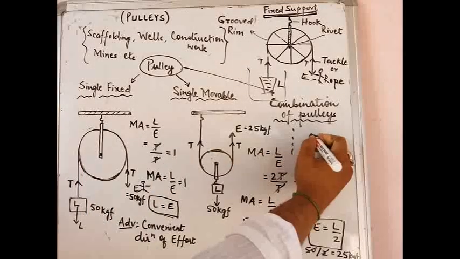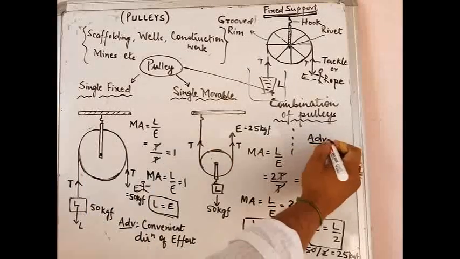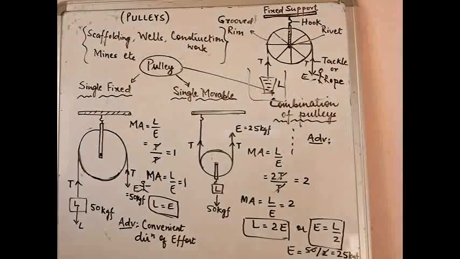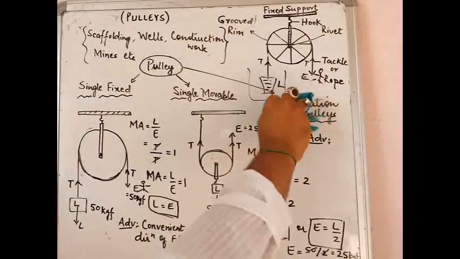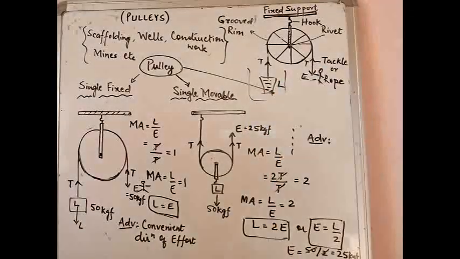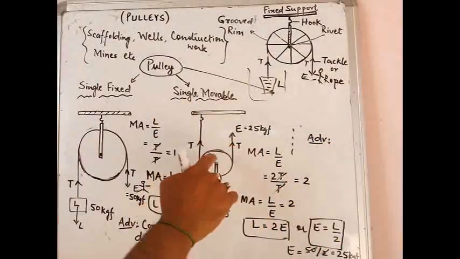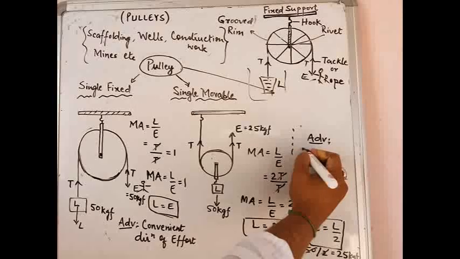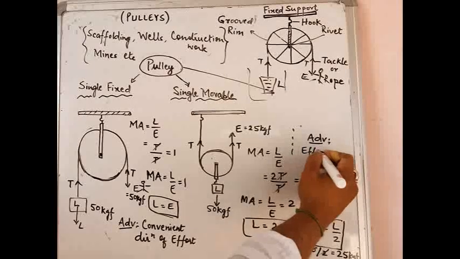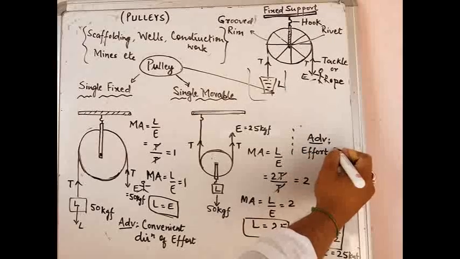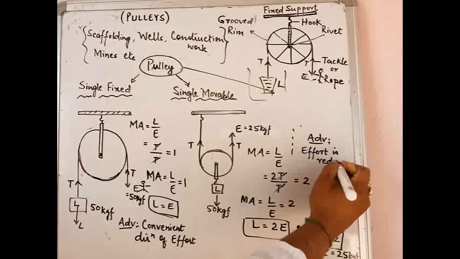Now this is not the combination of pulleys. I'll just erase this particular part. It's not the combination that we are studying. We are studying the single movable pulley. So what is the big advantage that you see over here? That the effort is reduced.